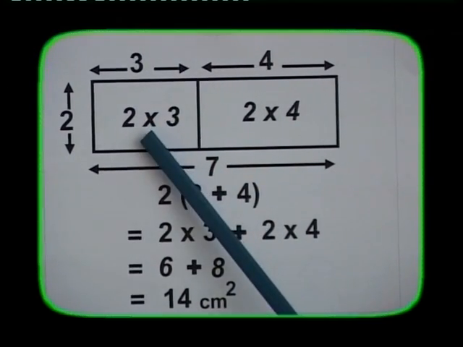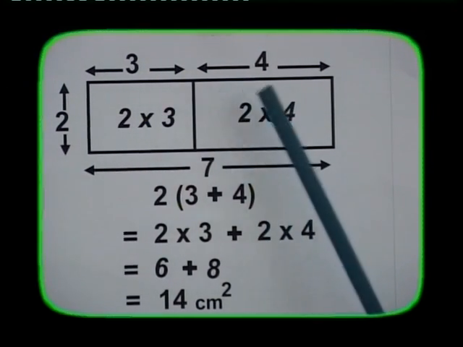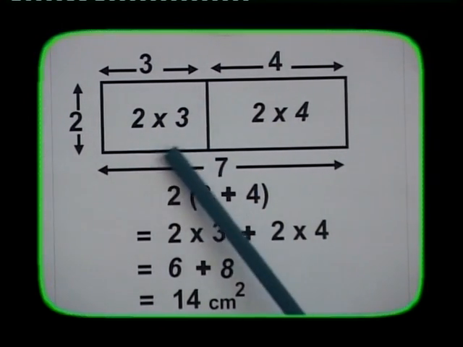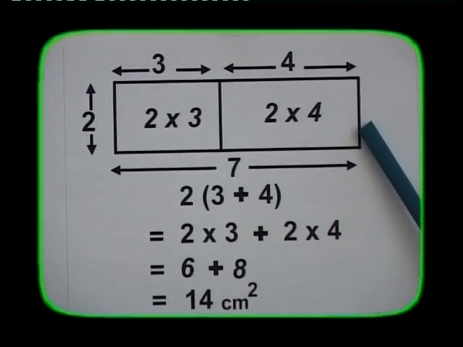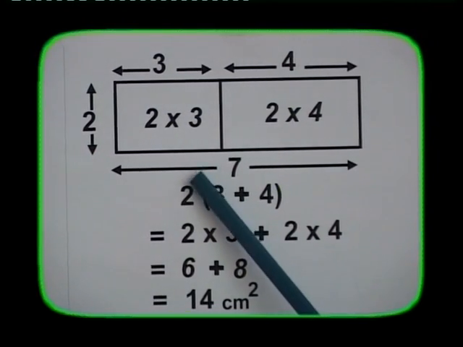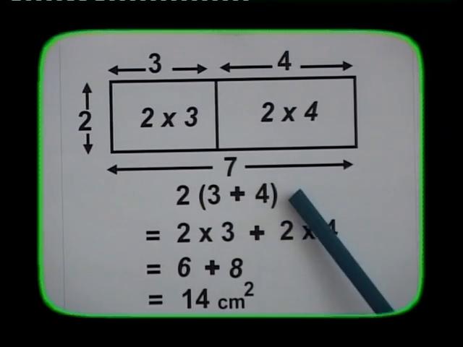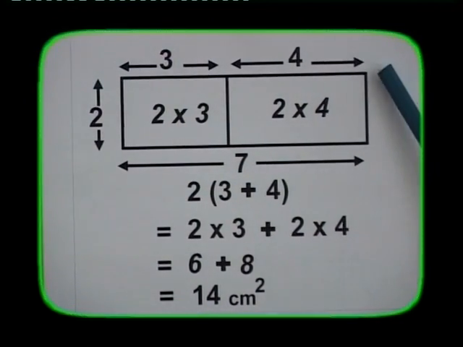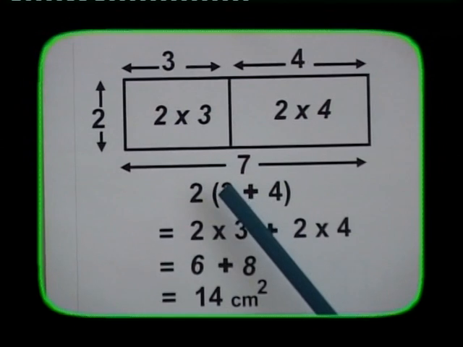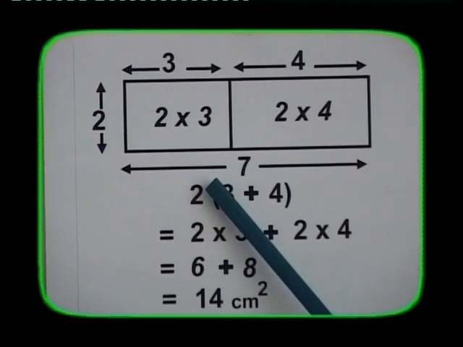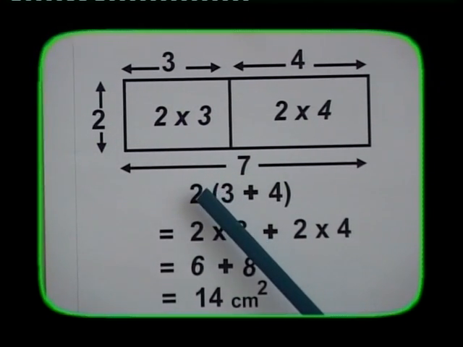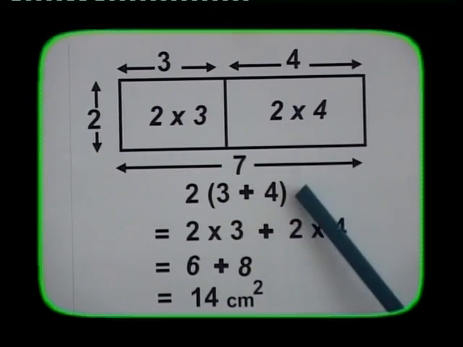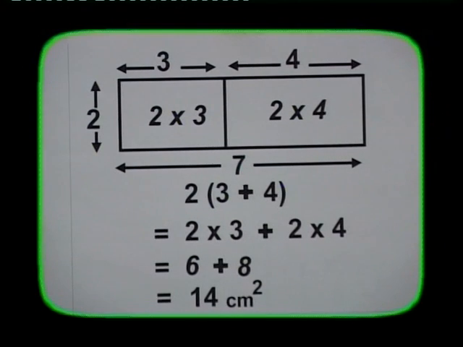As you can see from within the shape itself, we have 2 times 3, that is for this first shape, and 2 times 4. So 2 is common, it's outside the bracket. 3 plus 4, the distance from here to here. We will now expand the brackets by multiplying 2 with each of the terms inside the bracket, 3 and 4.